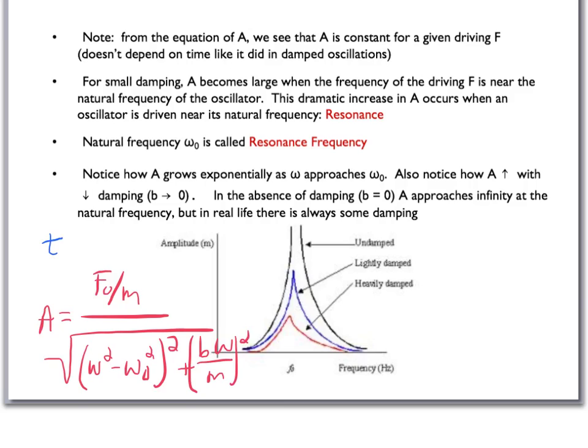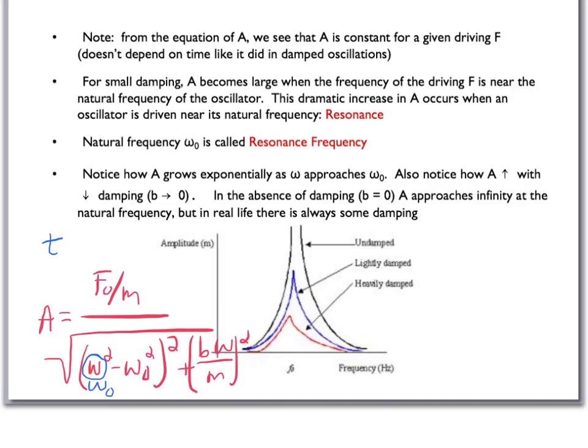Again, we have a constant amplitude based on this driving force that sort of matches or inputs the energy that you're losing. Now, for small damping, A would actually become really large when the frequency of the driving force is near the natural frequency of the oscillator. Basically, what we're saying here is if this omega were to approach omega naught or be about equal to omega naught, this on the bottom would become smaller and smaller, right?